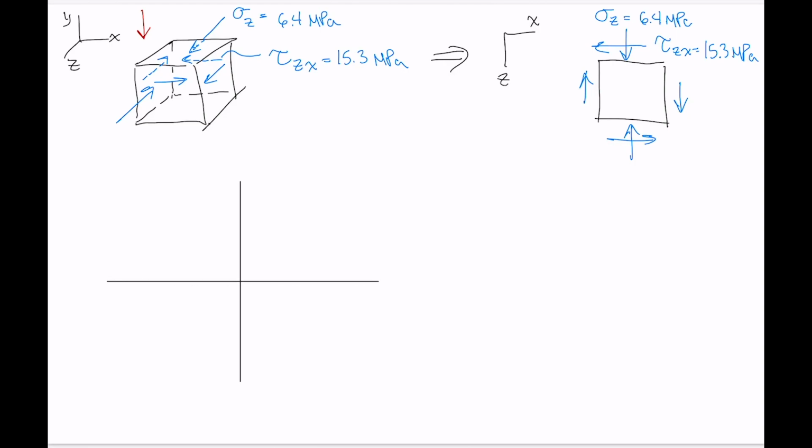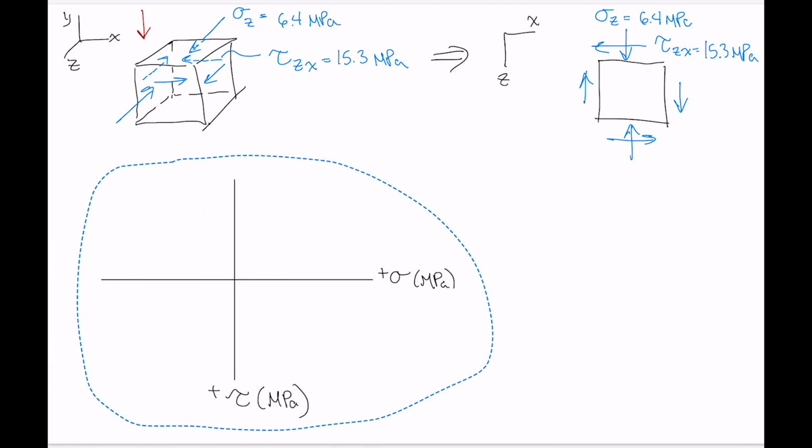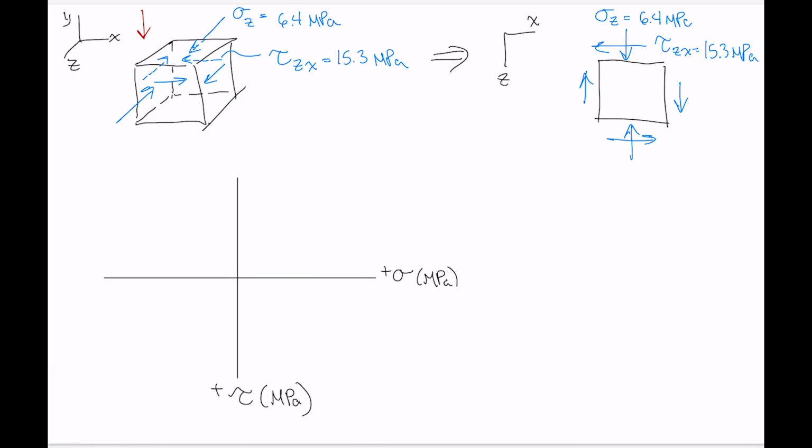Okay, there we go. And we've got positive normal stress, positive shear stress downwards. These are both going to be in megapascals, since that's our unit of stress. Now let's take this and just shift it a little bit like that.